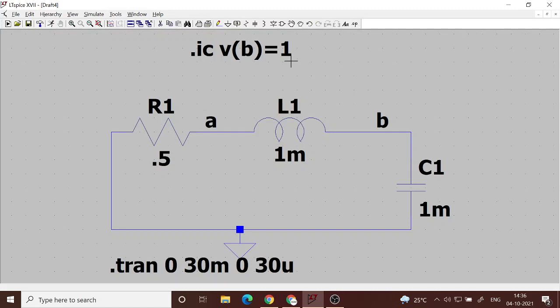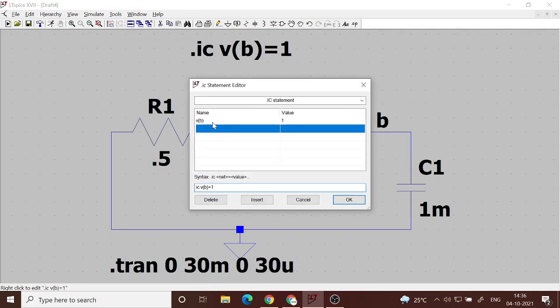This is one way I can give the initial conditions. The second way is that instead of the voltage, I can give the current in the inductor. Current in the inductor and voltage on the capacitor are basically the normal initial conditions in a network.